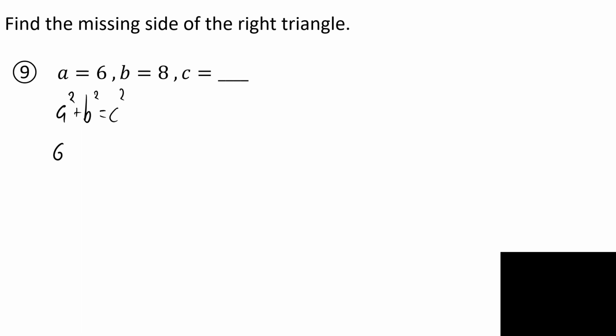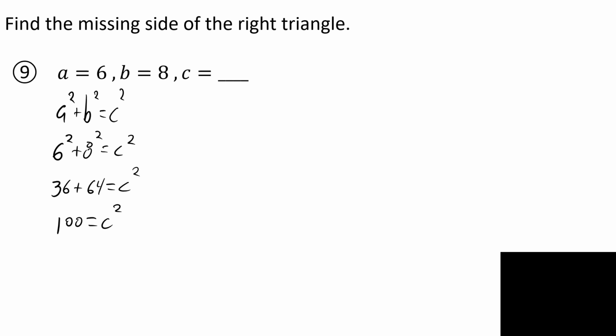Plug in the values I know. I know a is 6, I know b is 8. I'm trying to figure out the value of c. 6 times 6 is 36. 8 times 8 is 64. Add those two values together, you get 100.